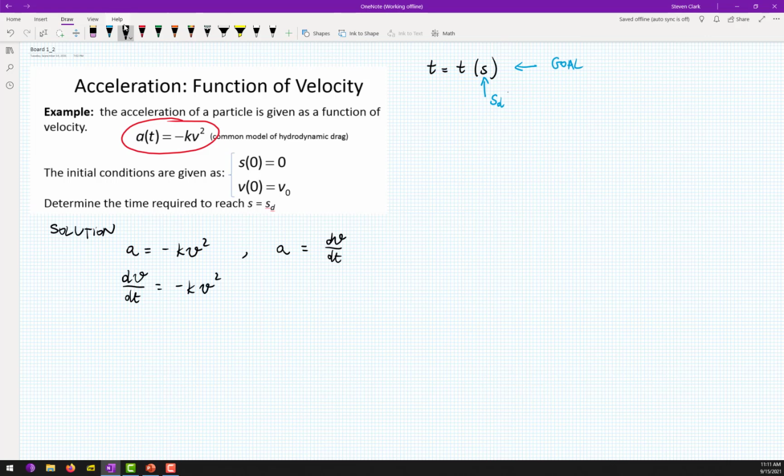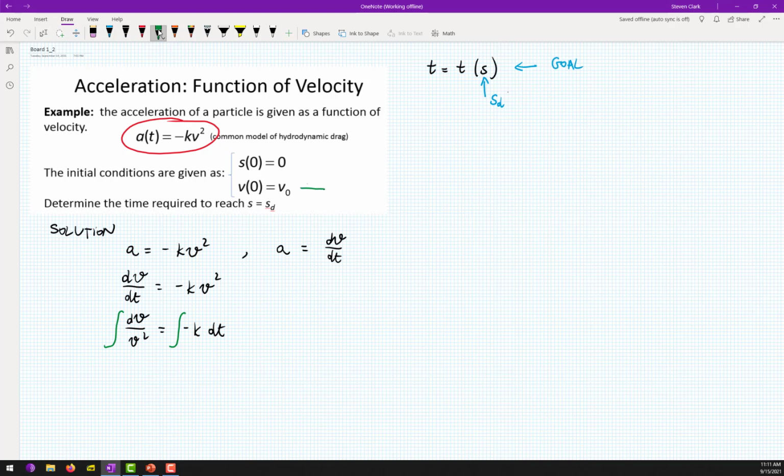Do you remember what was the next step in these problems? Basically, everything with v on one side, everything with t on the other side. So we will end up with dv over v squared equal to minus k dt. Okay, let's integrate. I believe our integration bounds are given here.